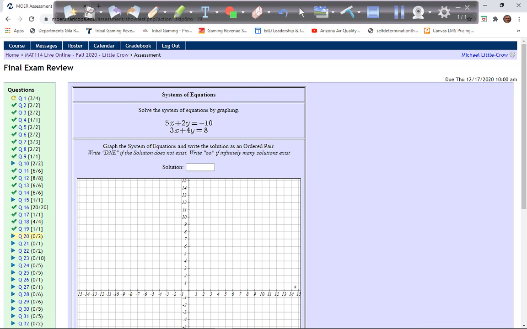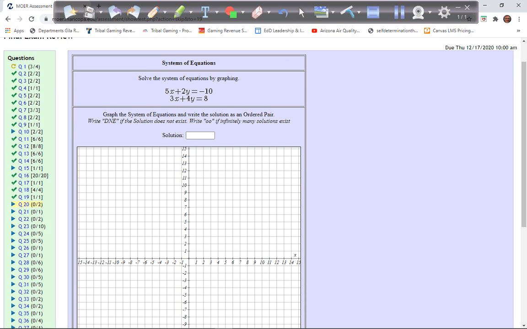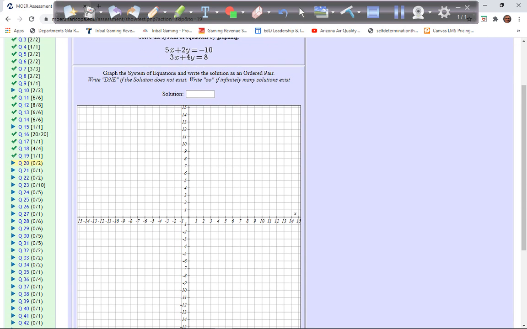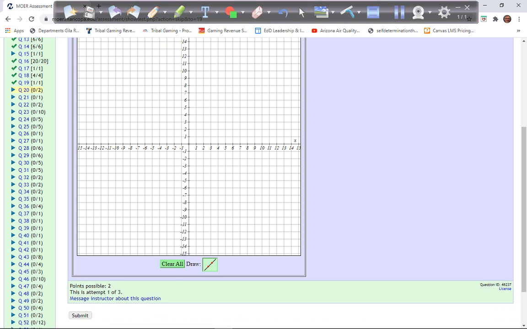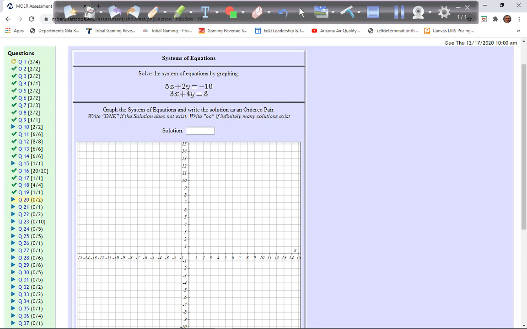So, systems of equations. They want us to solve these two systems of equations by graphing. So we're going to draw these two graphs. They suggest the solution ordered pair does not exist. Now, these are not in y equals mx plus b form. You could convert them, but I'll show you what we can do. We just need 2 points.